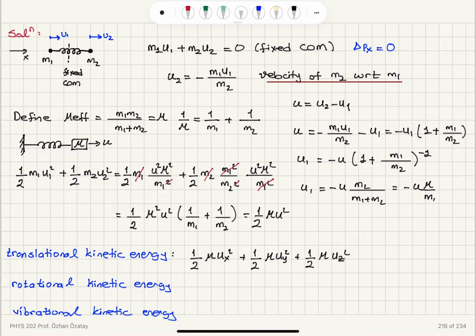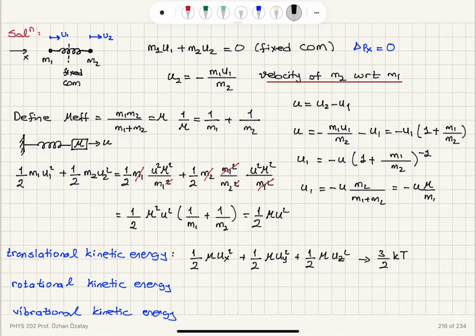So by defining the velocity of m2 with respect to m1, I have fixed m1, and then I'm considering the relative velocity u of m2 with respect to m1, and that is the relative velocity that is entering this effective mass interpretation. So this, according to the equipartition theorem, gives me 3 over 2 Boltzmann constant times temperature to the average energy of the system.